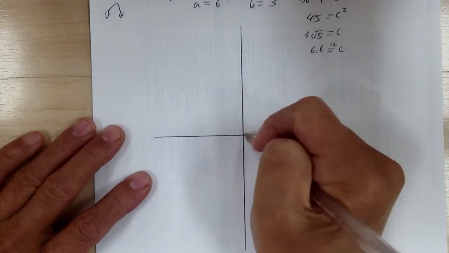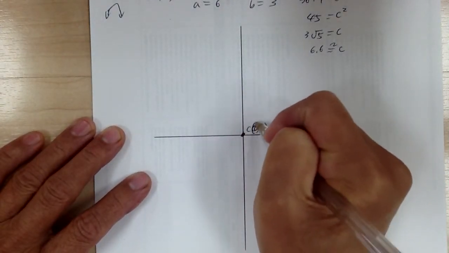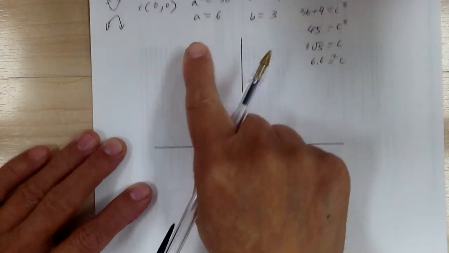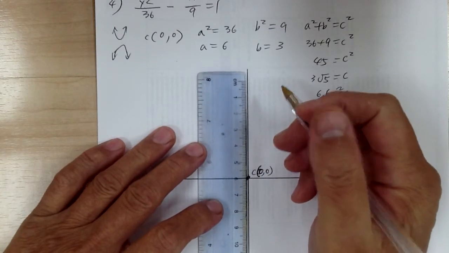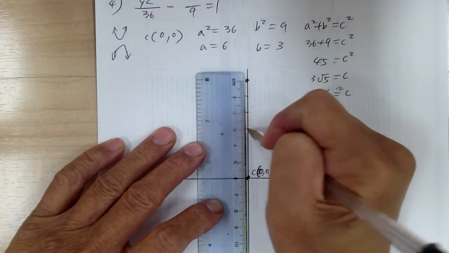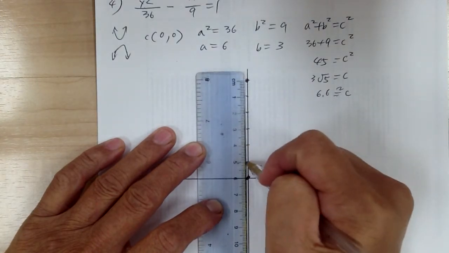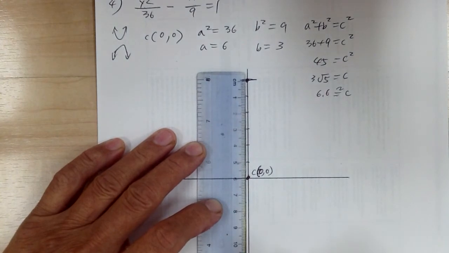So center is at 0, 0. And you're going to go 6 in the y direction. Okay, and you go down 6.